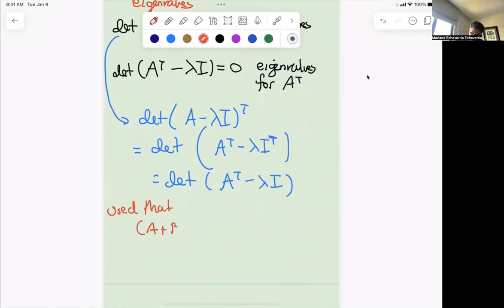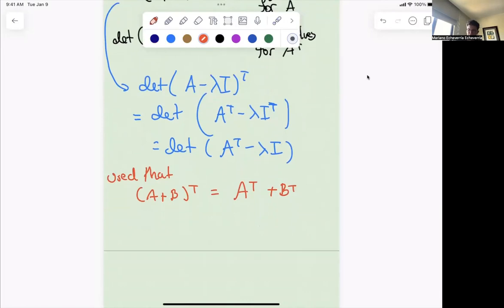(A plus B) transpose is A transpose plus B transpose. So if you transpose the sum, transposing a sum is the same as transposing each individual matrix, which might make sense.